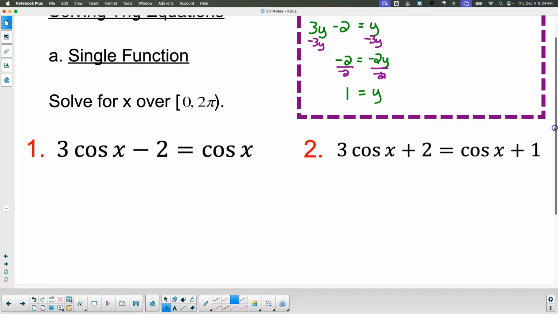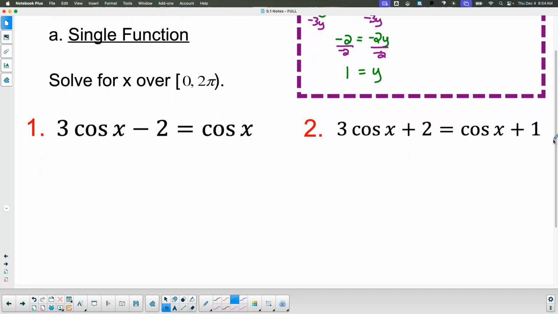I'm going to subtract here 3 cosine of x. Or, as we did up there, subtract 3y. It's legal as long as I do it to both sides. Okay? So then that gets me negative 2 equals negative 2 cosine of x.